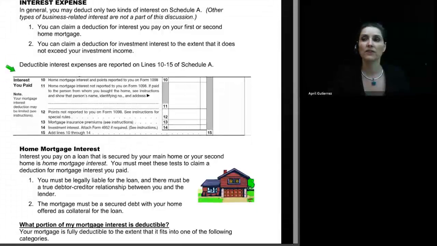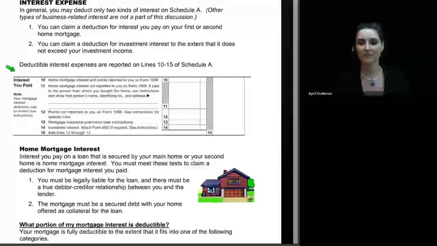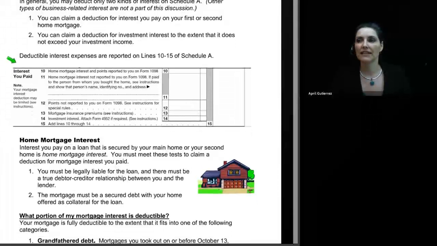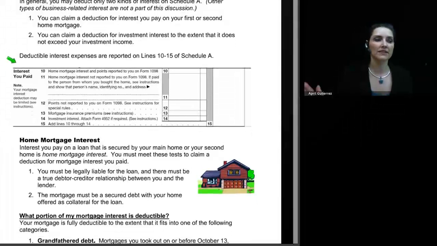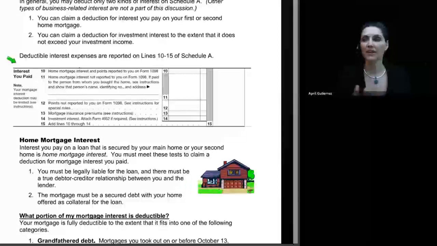Now, back in the olden days, we're talking before I even got into the industry, and I've been in it since 1992, late 92. 93 was the first year, I believe, that all of the phase-out finished for tax law changes that came in under Reagan. So when Reagan came into office, he did a major restructuring of our tax code.